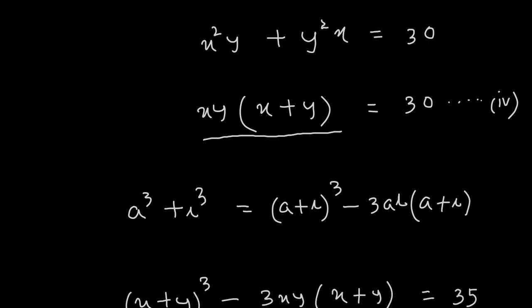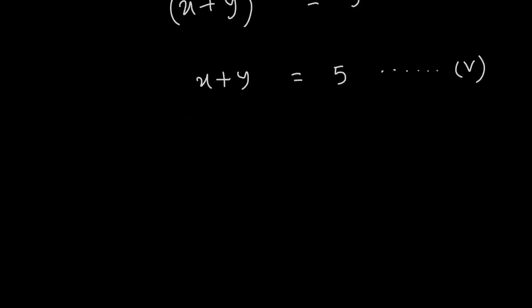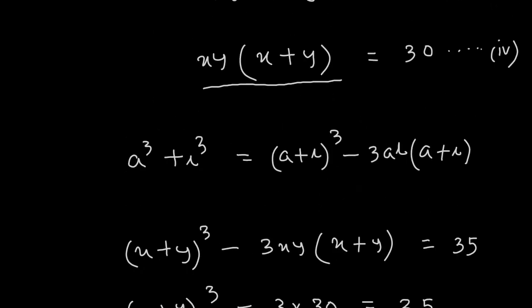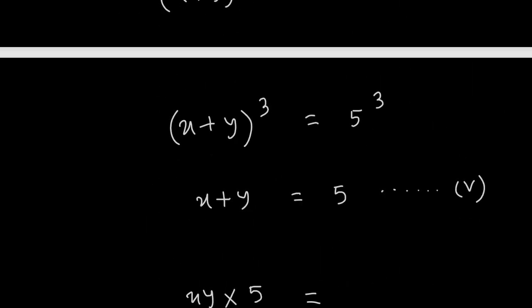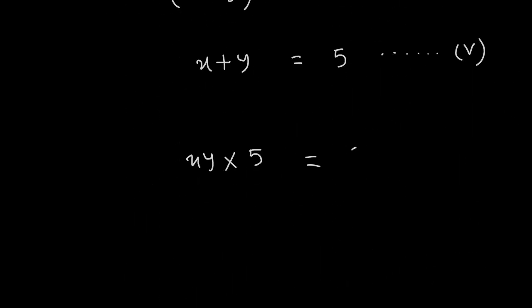So we have xy times 5 equals, from equation number 4, xy times x plus y equals 30. So xy times 5 equals 30.